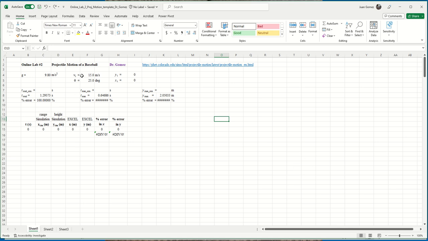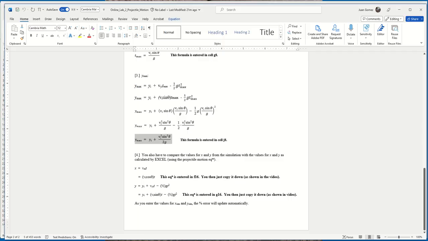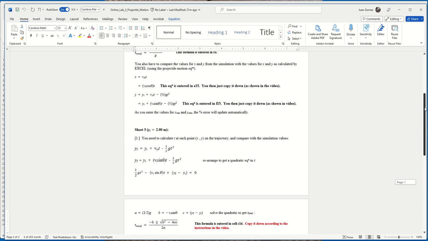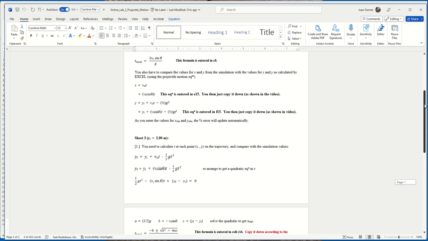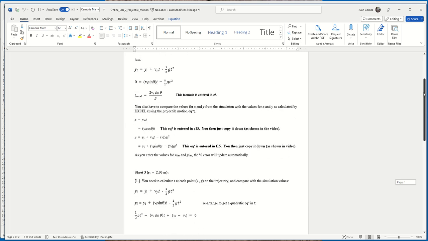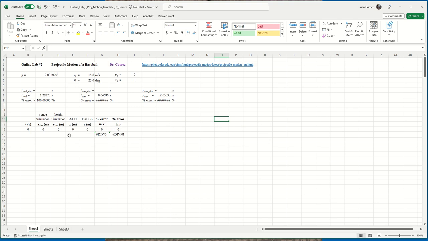So anyway, you're looking at something like this. All right. Again, where did I get those calculated values from? Right here. Y max, T max, and T total. So they're all right here. Okay. Now what do we do?